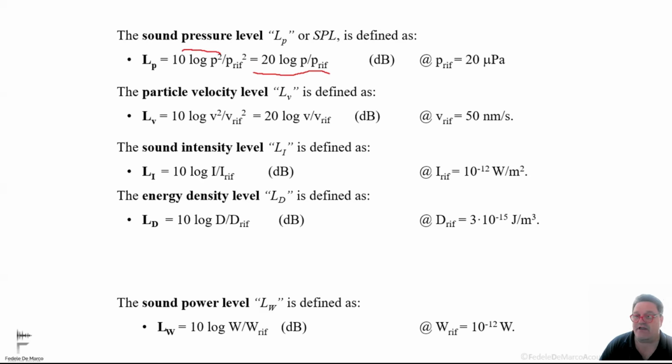Mathematically it is the same thing, but the pressure is no longer squared, and so you lose the physical meaning of an energetic scale. So I don't suggest this use of the properties of logarithms.